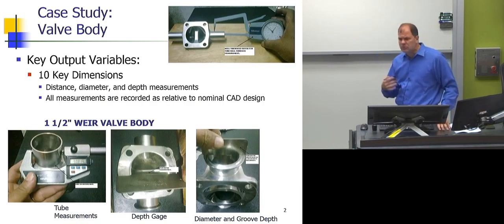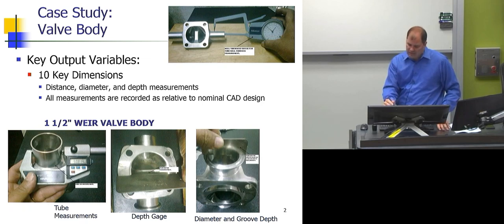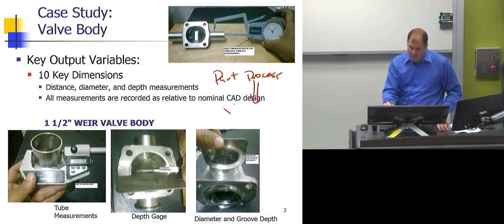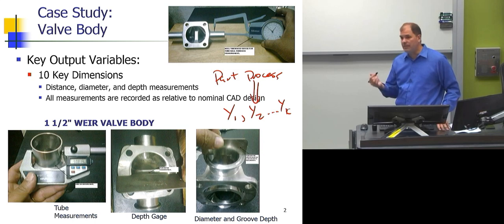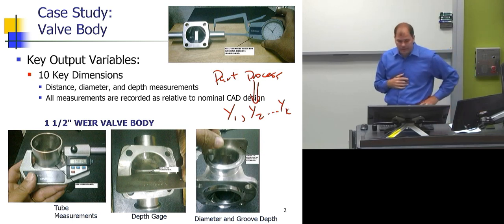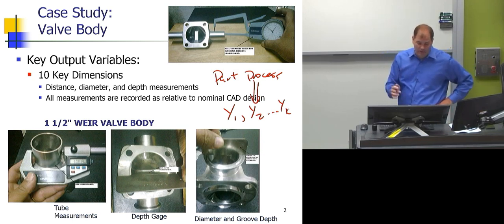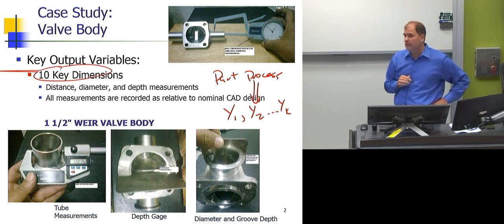For this lecture, which would be a standard way to apply this, you would have some part or process, and from that process, you would have some y's. Maybe you only have one, maybe you have several. Suppose you're measuring a part as an example, and you have 10 y's.